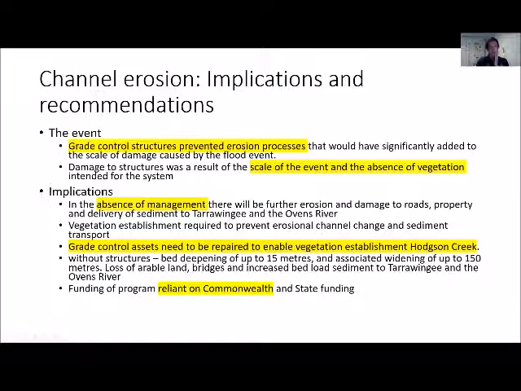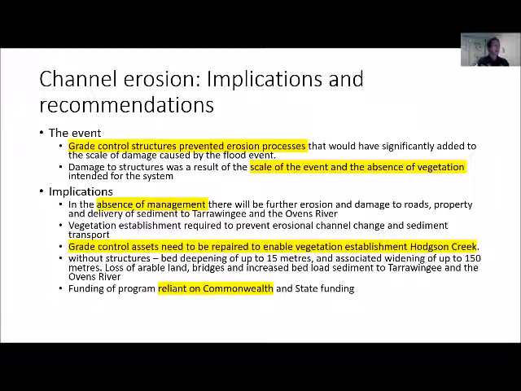The report was commissioned by North East CMA, who I represent, in order to apply for funding to the federal government, and I'll get to that in a moment. But essentially, the recommendations from the report are that the grade control structures prevented erosion processes significantly, which we touched on just before.